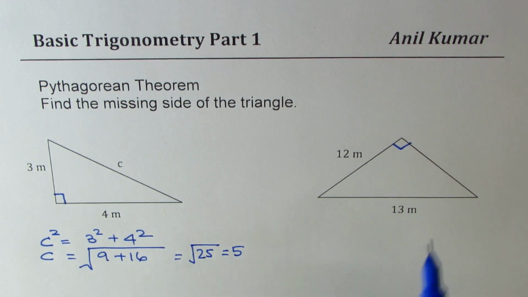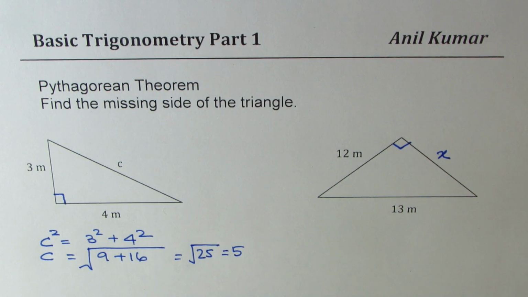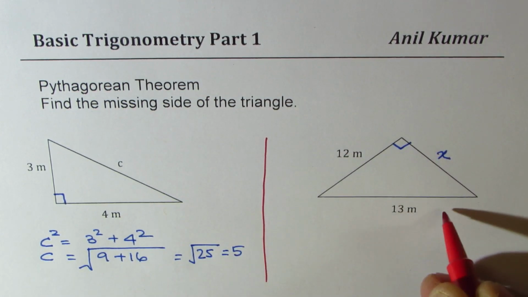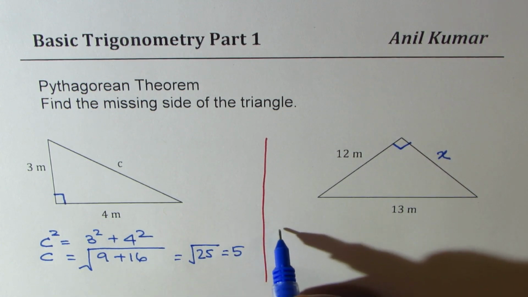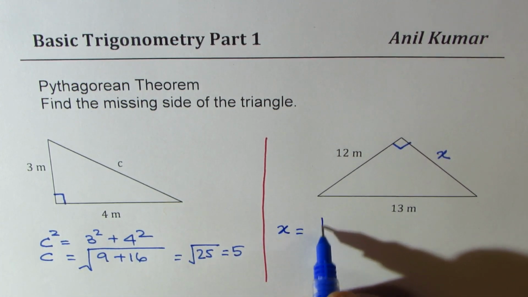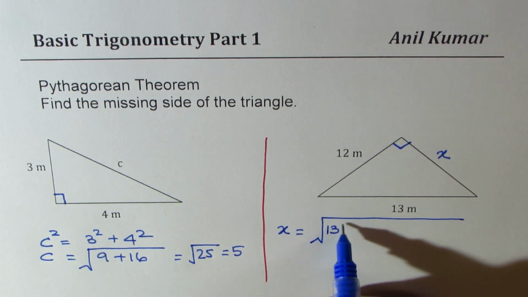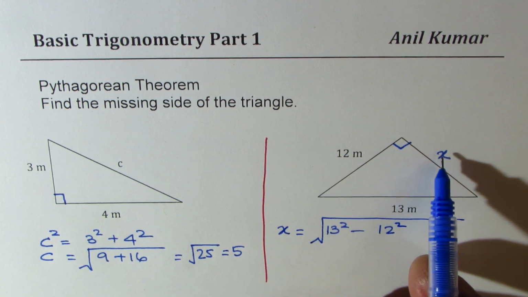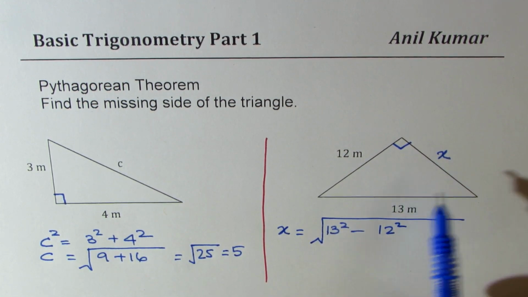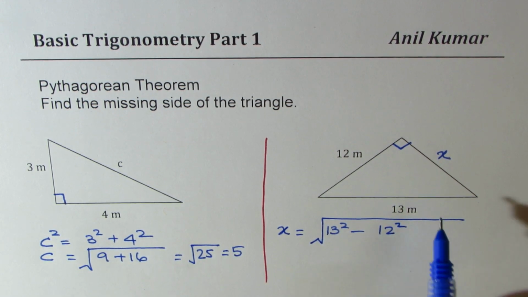In this case, we want to find x, and x is not the hypotenuse. It is smaller. Since it is smaller, you don't really have to think much. You can write x is the square root of 13 square minus 12 square. Does it make sense? Since it is a smaller side, don't really get into a square, b square, c square things.